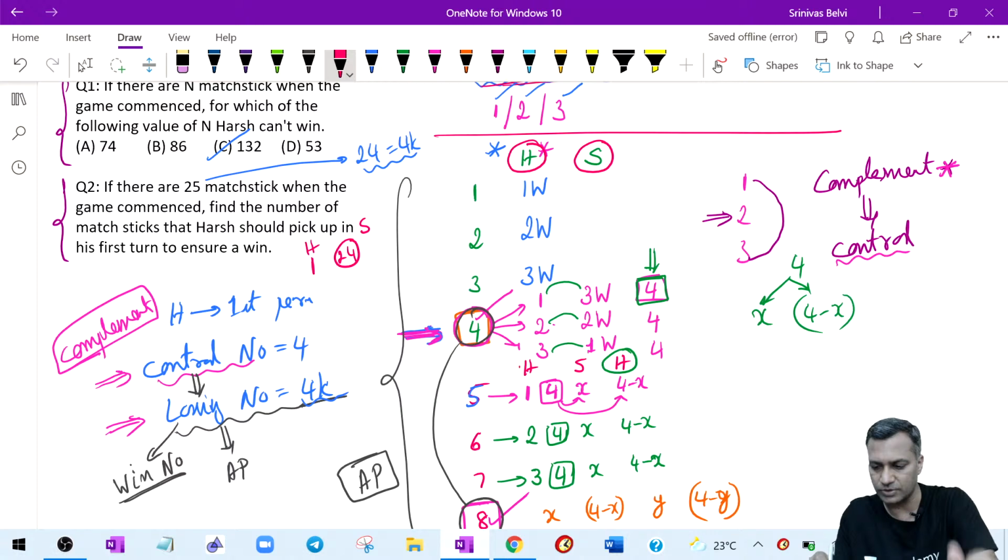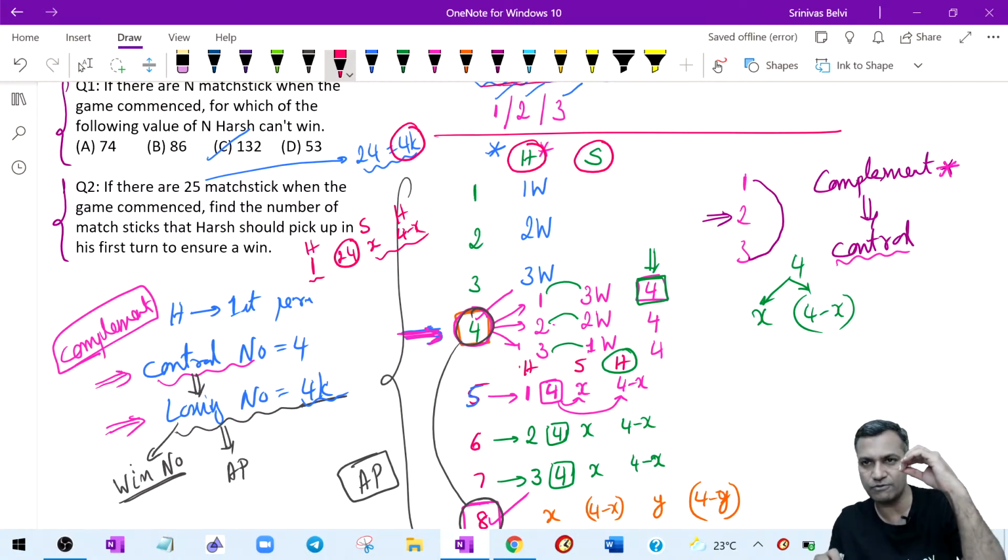Then Sagar picks X, and Harsh starts picking 4 minus X. Simple. Start controlling by using this. You have to ensure that 4k is presented in front of your opponent. The moment you present 4k in front of the opponent, let him pick X, and you start controlling by taking the complement of 4 from there.